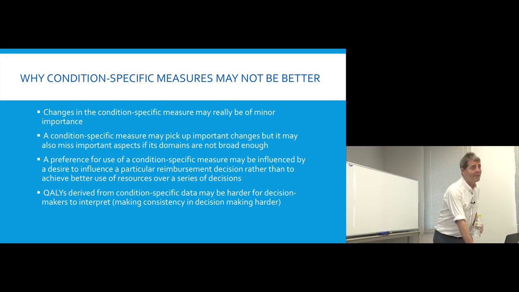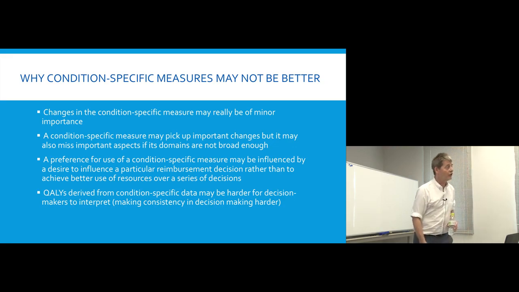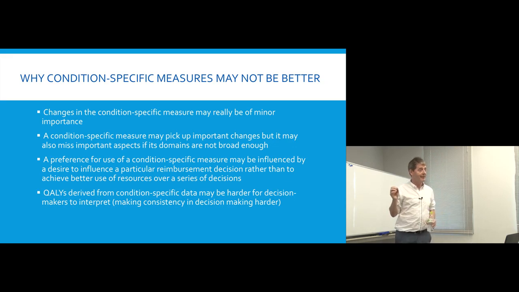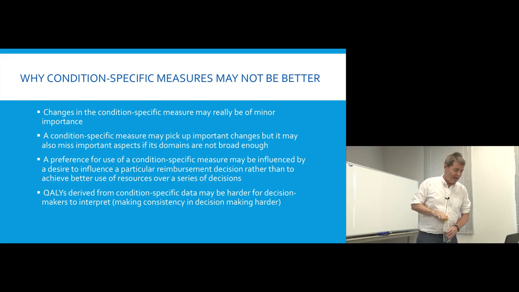You might design a measure that picks up lots of change, but the change is not actually very important. In a way, a merit of the EQ5D or some other generic measures is it needs something quite big to move it, to change it. And so you can be pretty sure if you're picking it up with EQ5D that it's a bit more real. Whereas some of the change you might pick up with a very sensitive measure may not be too important.